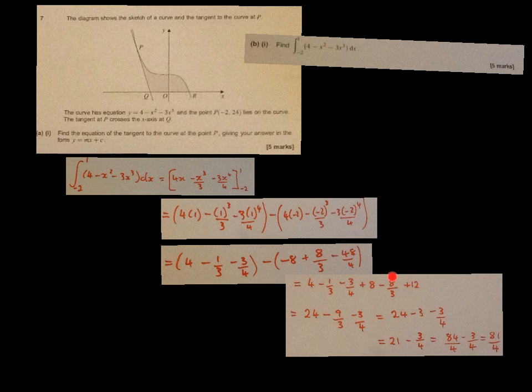My minus 1/3 and my minus 8/3 nicely is minus 9/3, so that becomes minus 3. I then got my 21, and then I've got minus 3/4. So I've kind of simplified it as much as possible before dealing with the fractions. I want 21 to be written in terms of quarters, so that would be 4 lots of 21, so it would be 84 over 4 minus 3/4, leaving 81 quarters.